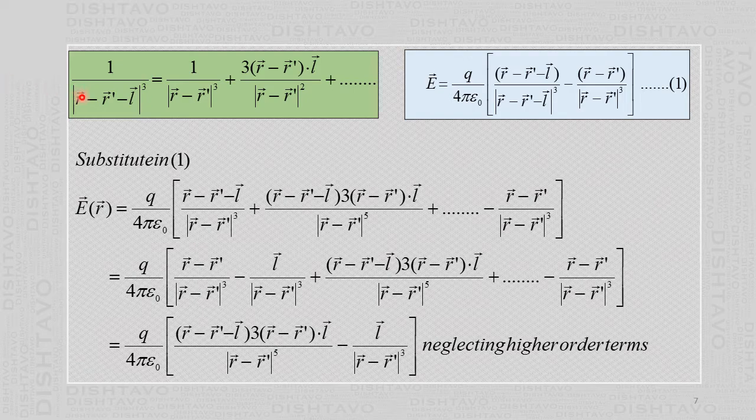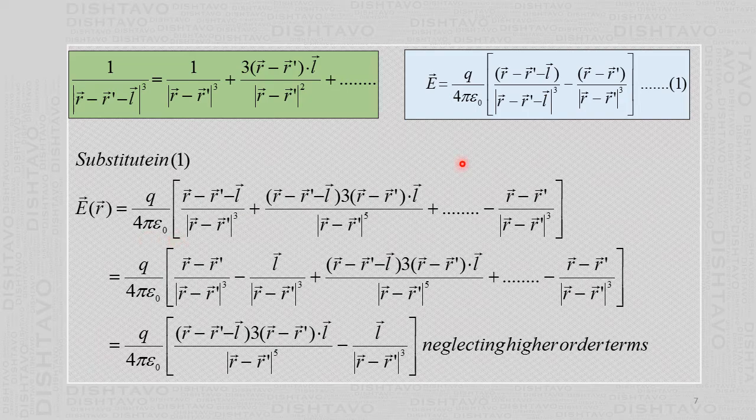Now in the previous slide we have come up to this. Earlier we had written this equation 1, and we wanted to find out what is 1 by modulus of r minus r dash minus vector l, raised to 3. We already found it in the previous slide, so now we substitute this in this equation. So vector E, again a function of vector r, is q upon 4 pi epsilon 0, which is common.